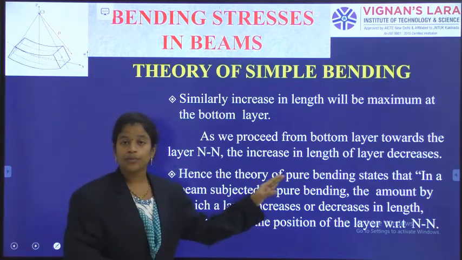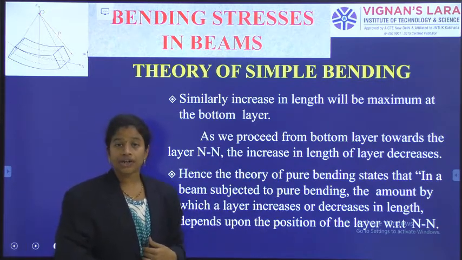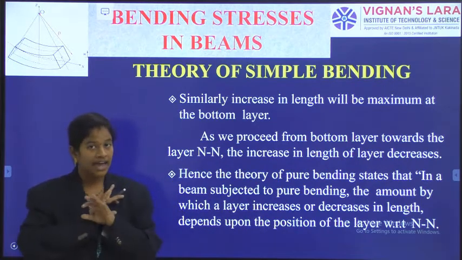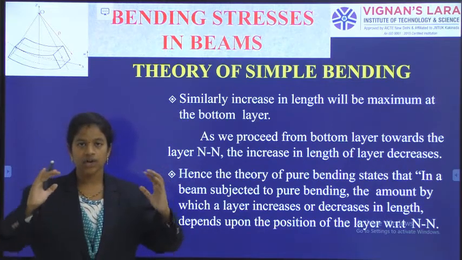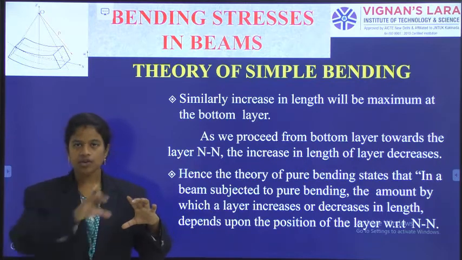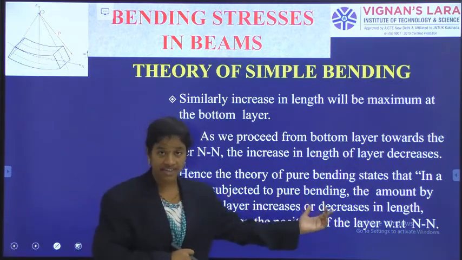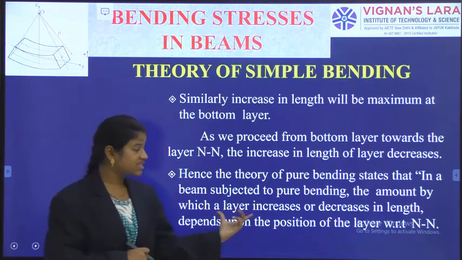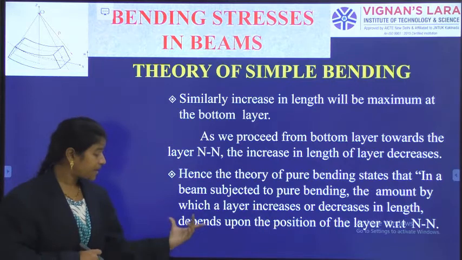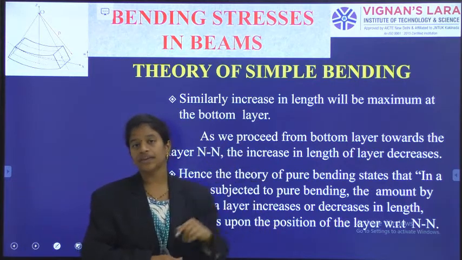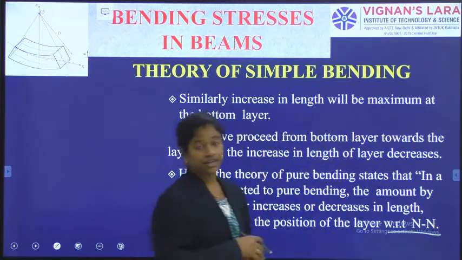The theory of pure bending states that in a beam which is being subjected to pure bending only, not the action of shear, only some bending action is there, only some moment on the beam cross section. Due to that bending action, the amount by which a layer increases or decreases its length depends upon the position of the layer from the neutral axis or the neutral layer.